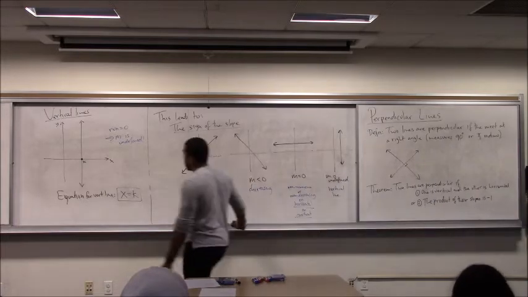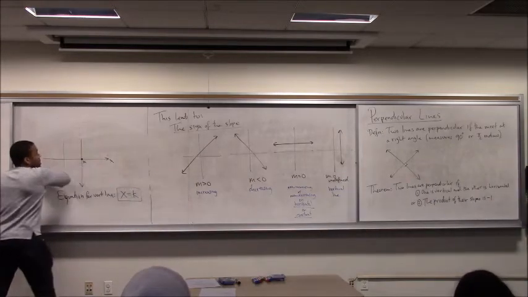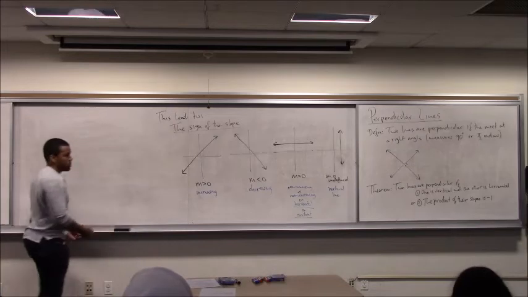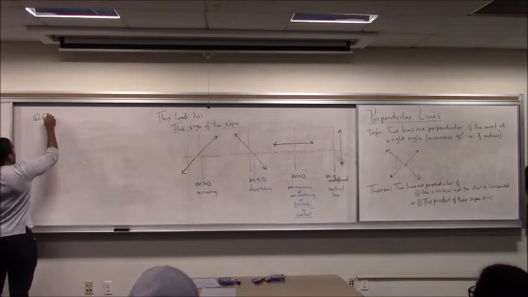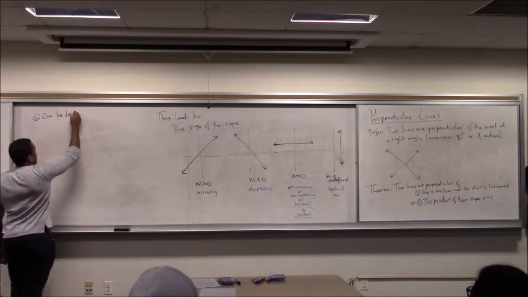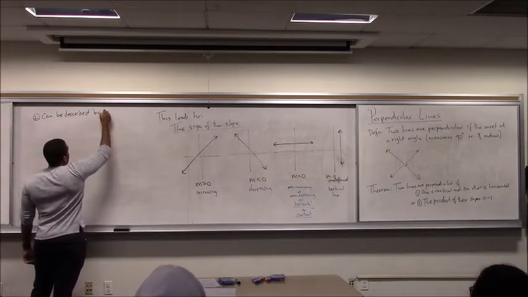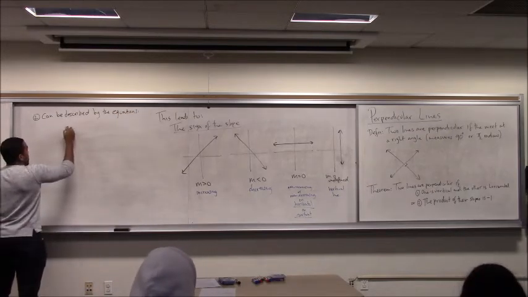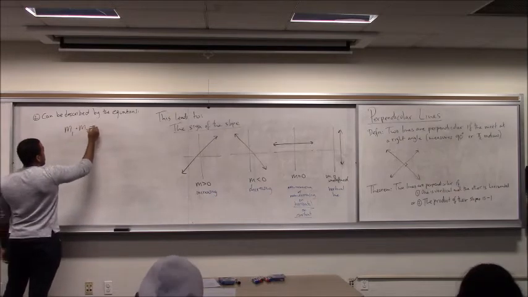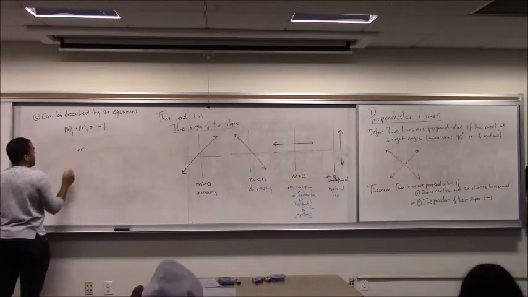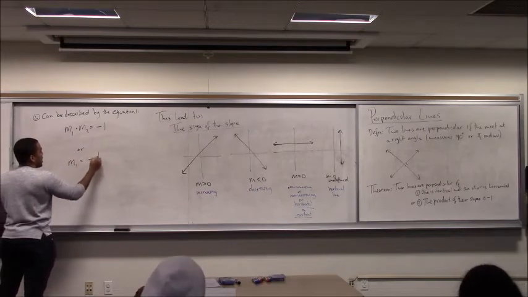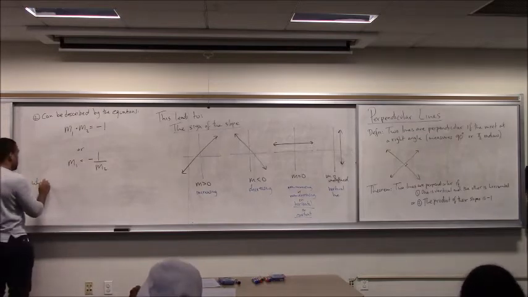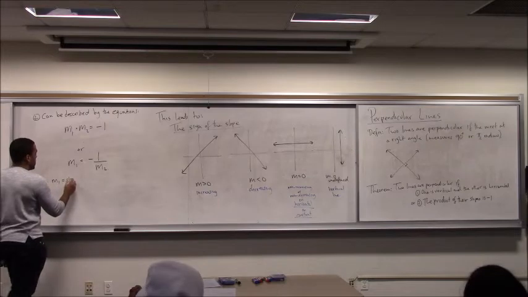So part 2 of that theorem can be described by an equation. You can have either m1 times m2 is equal to -1, or you can think of it as one slope is the negative reciprocal of the other slope, where m1 is the slope of the first line.